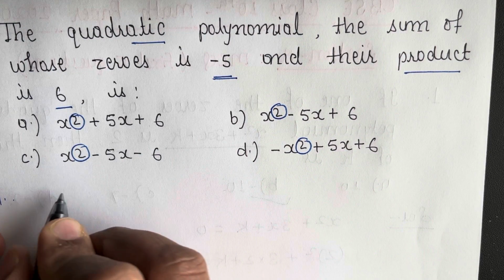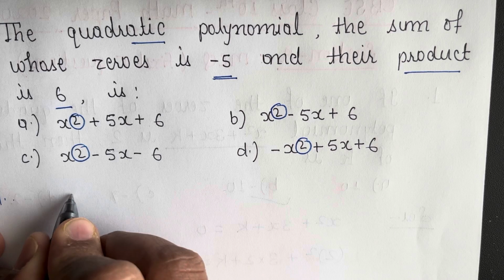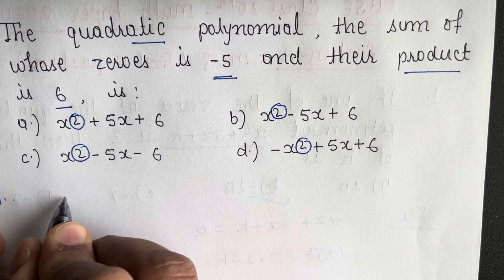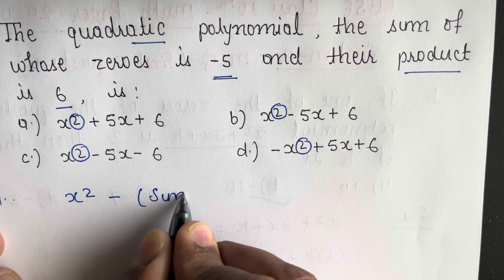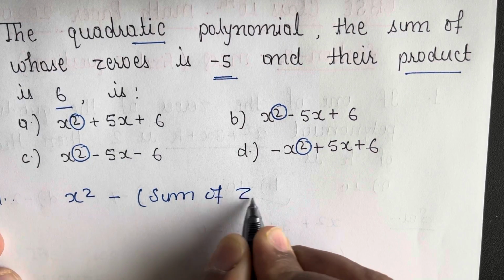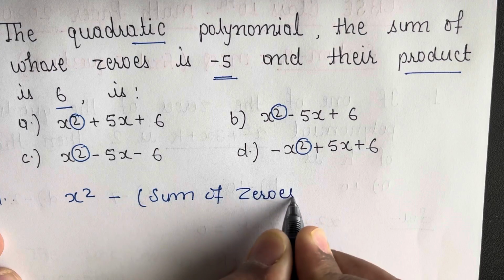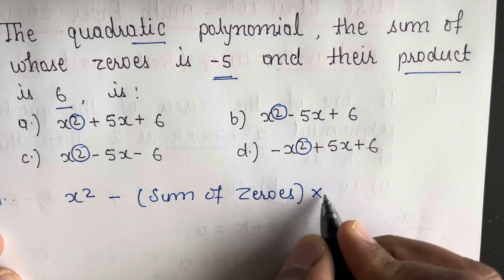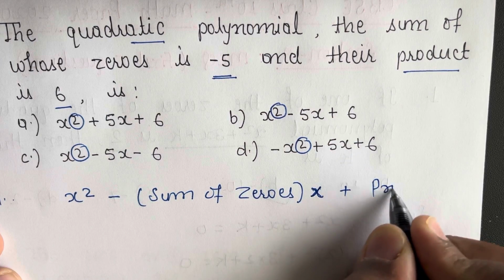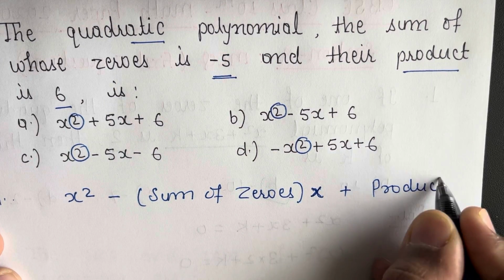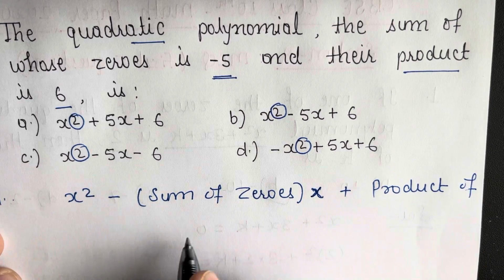So the formula for the quadratic polynomial is x square minus sum of zeros times x plus product of zeros.